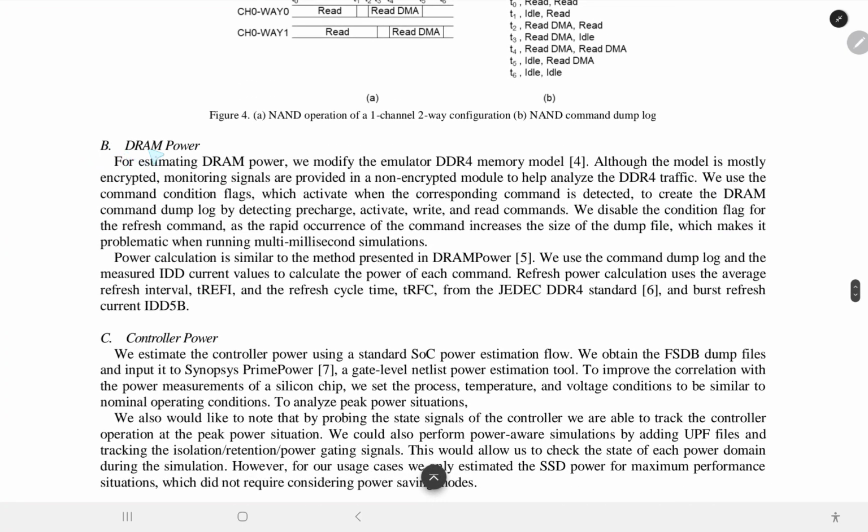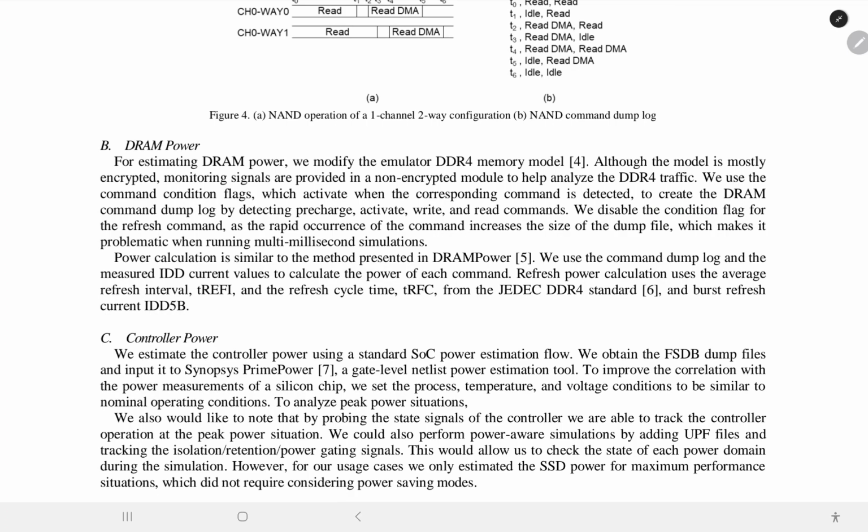B. DRAM power. For estimating DRAM power, we modified the emulator's DDR4 model. Although the model is mostly encrypted, monitoring signals are provided in a non-scripted module to help analyze the DDR4 traffic. We used the command condition flags, which are activated when a corresponding command is detected.